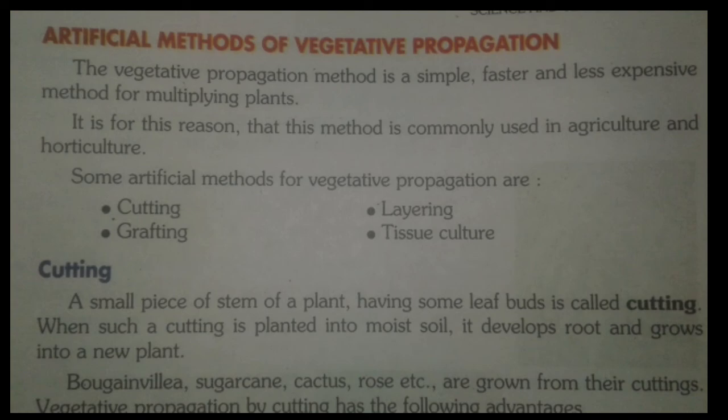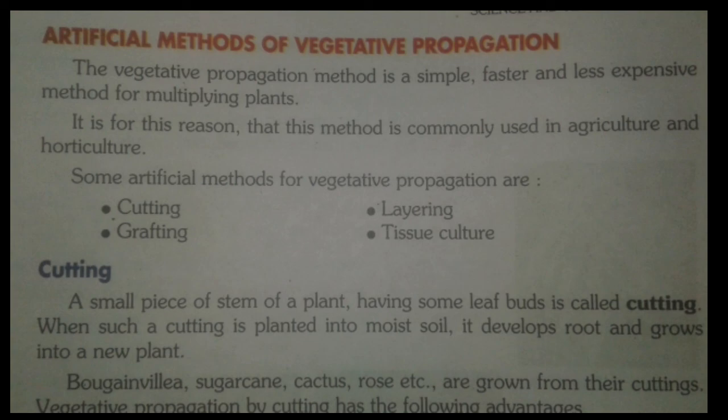The piece of tissue grows into an unorganized and undifferentiated mass of tissue called the callus. It is then transferred to another nutritive medium where it multiplies and differentiates into small plants. These plants are then transferred to moist soil for further growth. Spirogyra is a plant which is grown with this method.